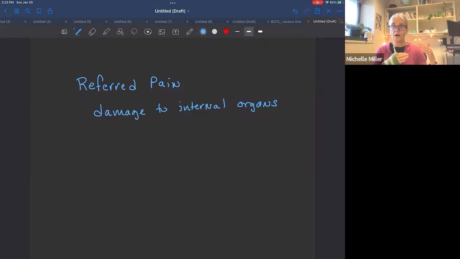And so there are some hypotheses as to why, for example, if you are having a heart attack and your heart tissue is becoming damaged and it's feeling pain, why you would feel it on the surface of your skin, or in females in your jaw or, say, for example, the back of your head. So they think that there are certain pain receptors that are traveling into the spinal cord the same route.